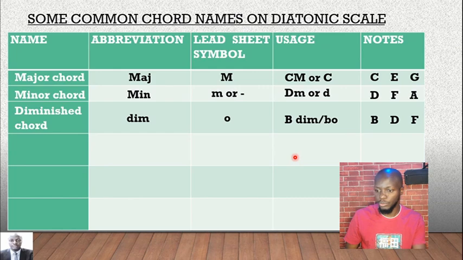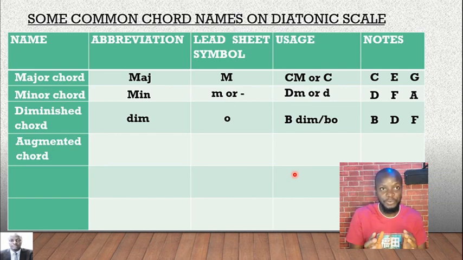So the next one, we have the augmented chord. The augmented chord means to expand, while diminish means to shrink, to reduce. It points towards reduction, right? AUG, that is augment. You can have it as plus or sharp 5. So all this actually points towards augmented chord.